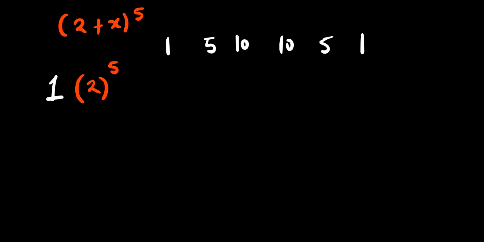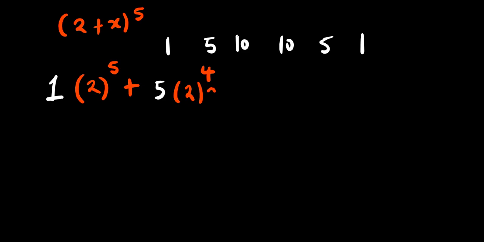Plus, we come to the second coefficient. The second coefficient is 5, so I'm going to write my 5. Then we are multiplying this by 2 again. Now your 2 is going to drop by a power, so it will be 2 to the power 4.